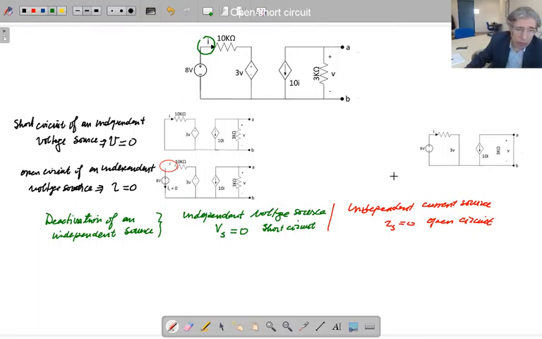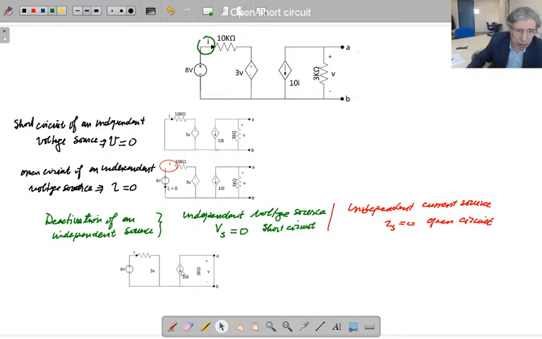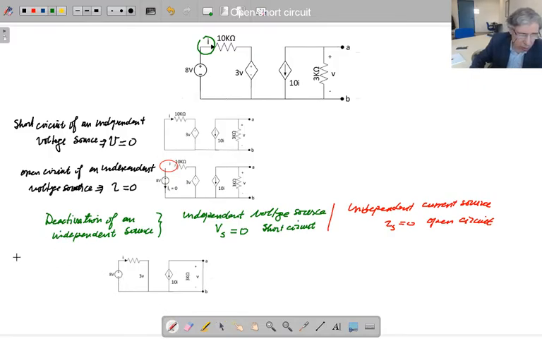So if we use now this one, this is an example of making the terminals VAB equal to 0. That means VAB equal to 0 means short circuit of the terminals A and B.